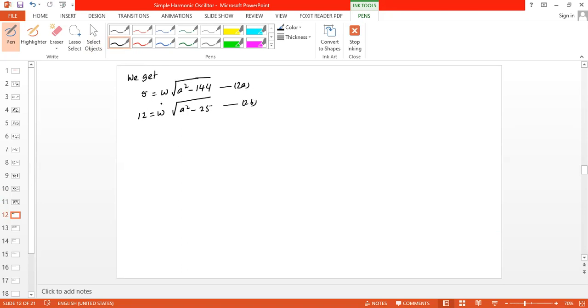Then we can divide 2a by 2b. So dividing 2a by 2b gives us 5 over 12 equal to omega square root of a square minus 144 over omega square root of a square minus 25. It is very easy to solve.